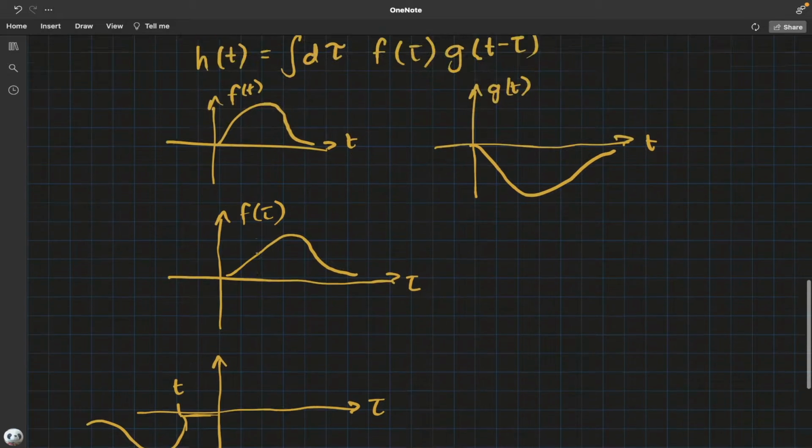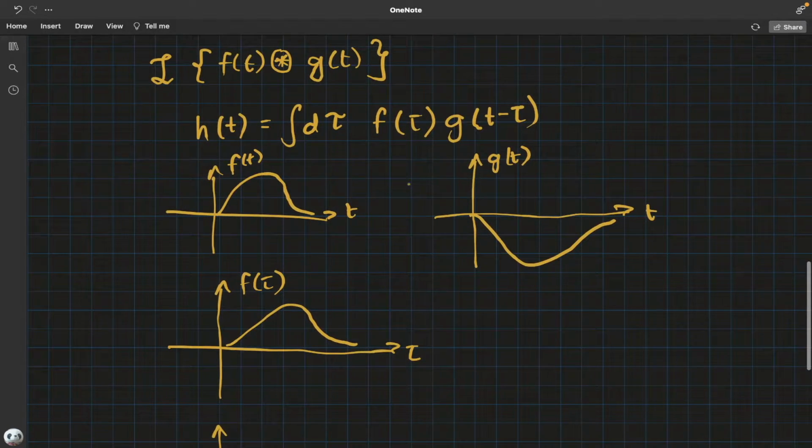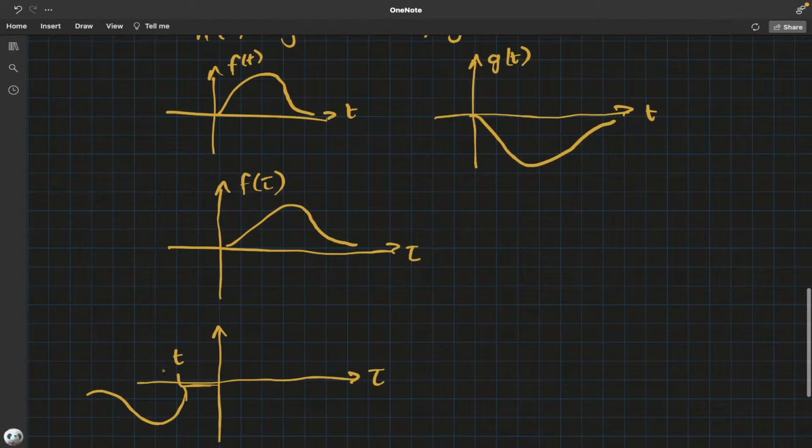So what we do when we integrate is that we sort of move these guys within each other. We overlay this and that, and then change the tau value so that there's going to be a point where these guys overlap, and that's when the integral has its maximum.